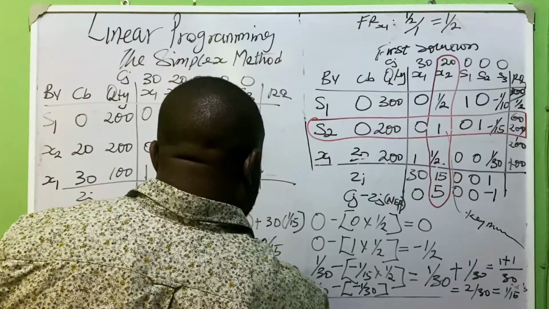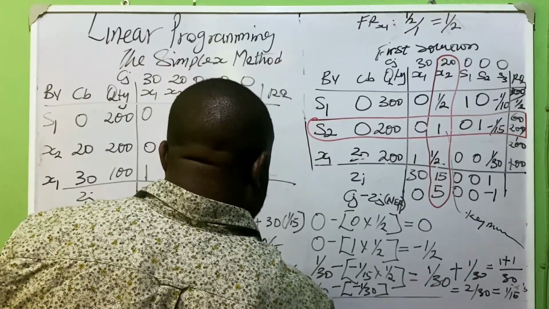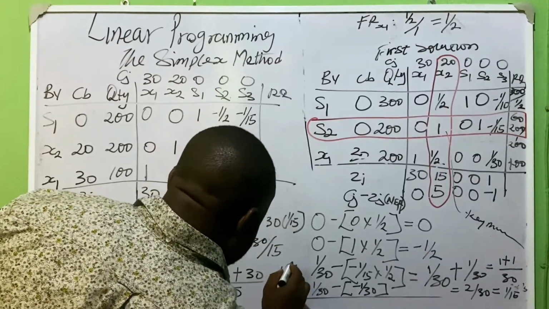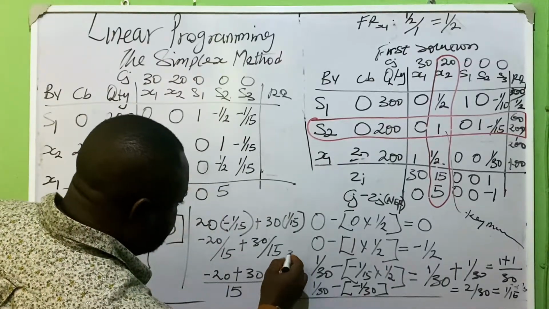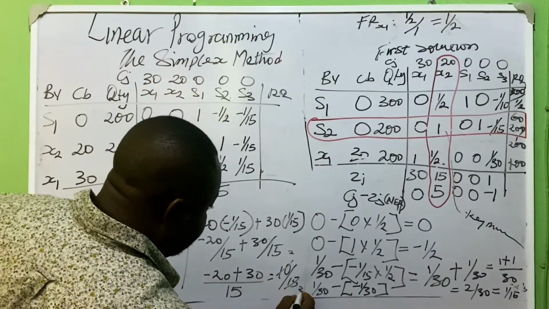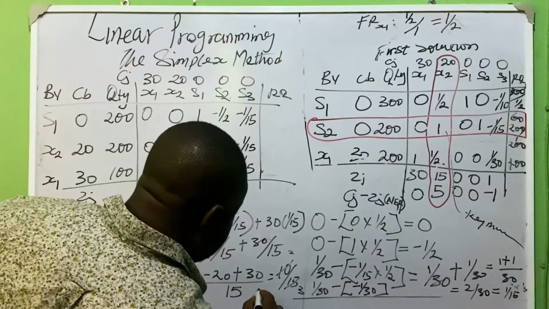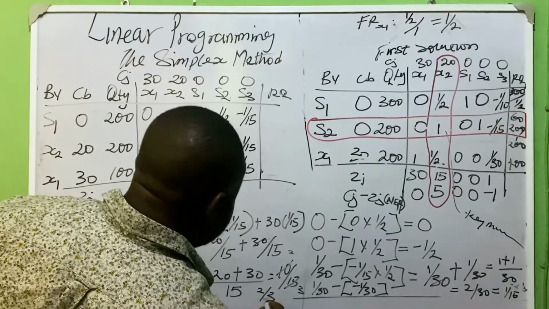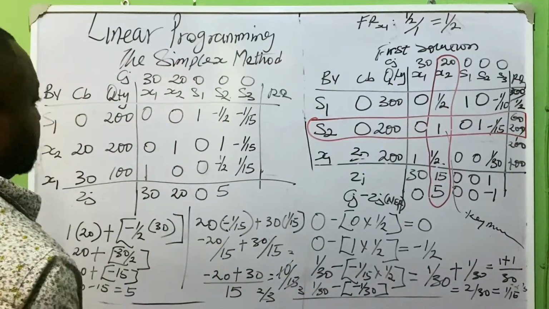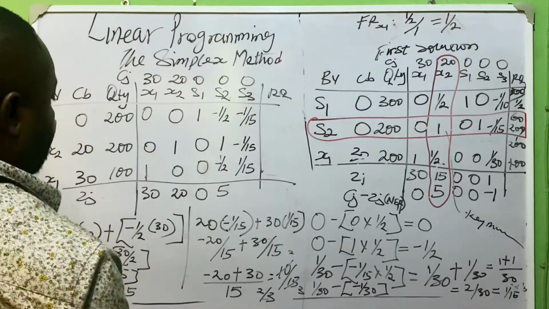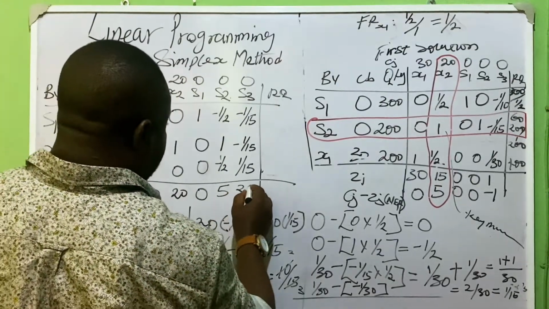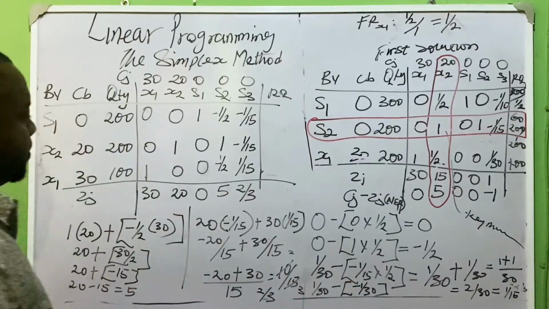This is equal to 10 over 15. And now 5 goes in 10, we have 2, 5 goes in 15, we have 3. So this will come down to 2 over 3.